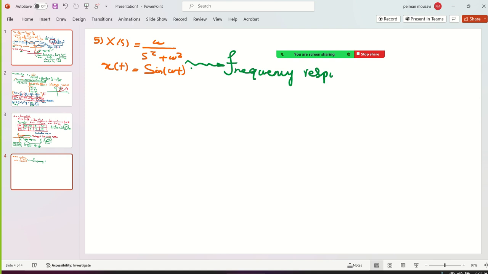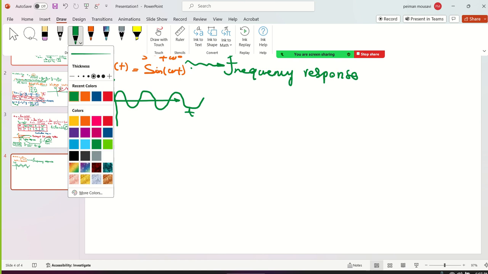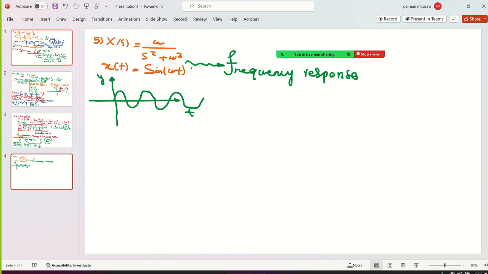Frequency response means the input to the system is harmonic, and we want the output to exactly follow this, like a rotor rotating in industry machinery, or the engine of an airplane.